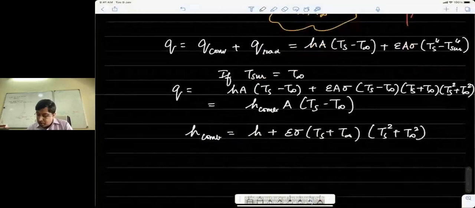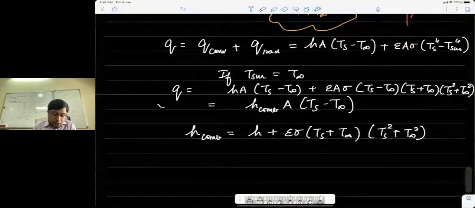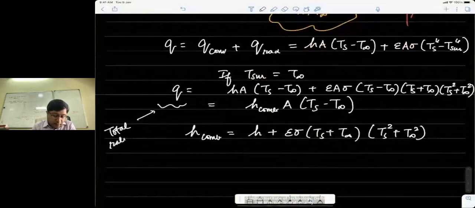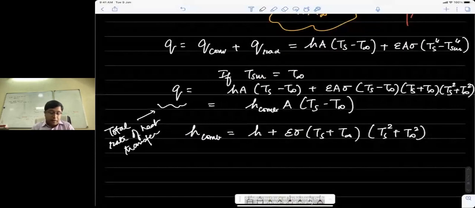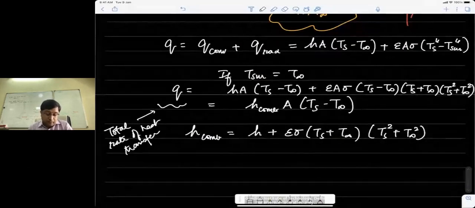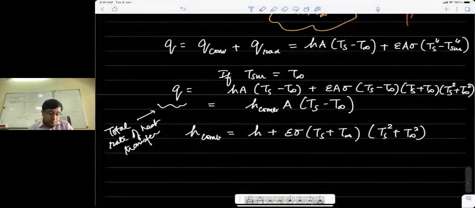So this is what we will use to denote the total rate of heat transfer when both convection and radiation are possible. If we can ignore one, that's great, but if we cannot, then we will have to go ahead with this kind of analysis.